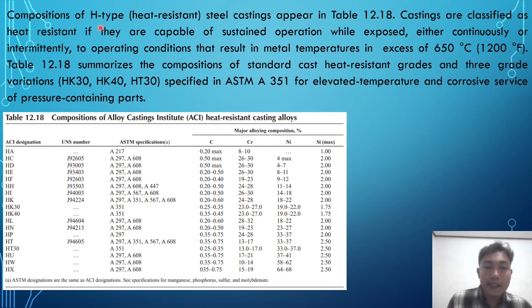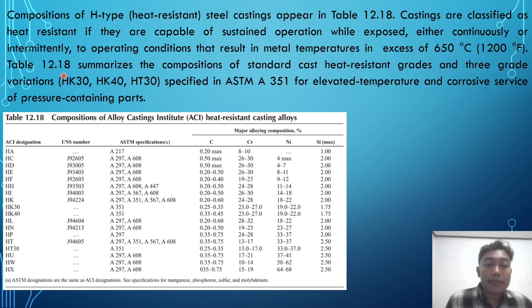Next, a comparison of the H-type heat resistant steel castings is presented in Table 12.18. Castings are classified as heat resistant if they are capable of operating while exposed, continuously or intermittently, to operating conditions that result in metal temperatures in excess of 650 degrees Celsius, or 1200 degrees Fahrenheit.